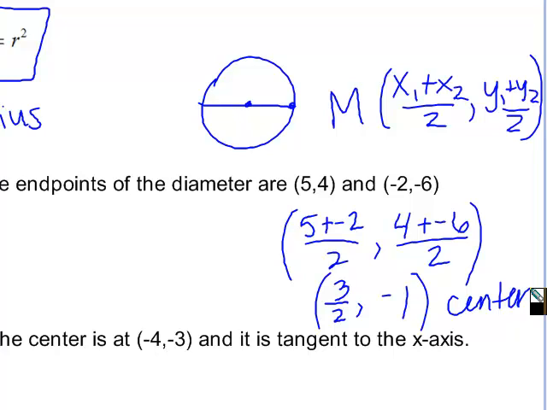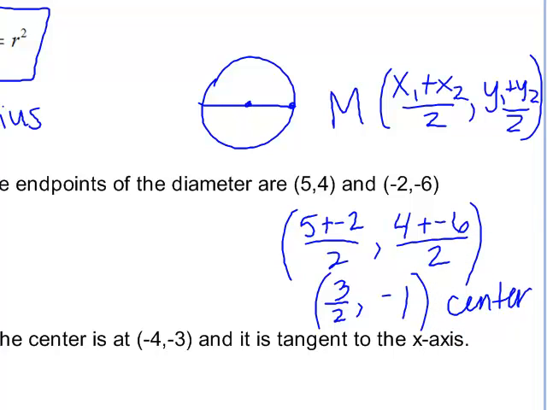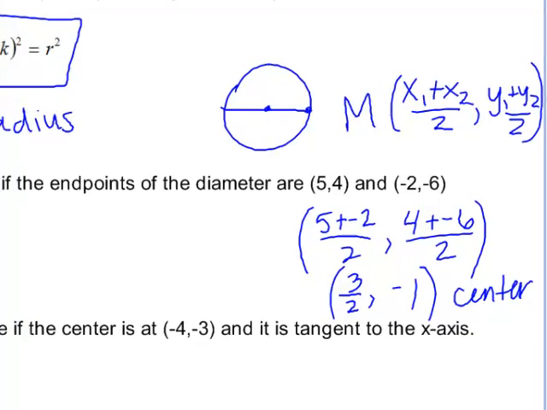So what does that represent in our equation? Which part? The center, the h and k, right? So already in standard form, we could start writing this out. (x - h). So that's going to be your x value.